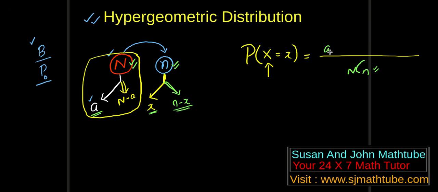So that will be ACx. And for the other part, it will be N minus A C n minus x. And this is going to happen together. So there will be an 'and', and that 'and' will change into multiplication. So this is the formula for hypergeometric distribution, and you're supposed to learn it by heart.